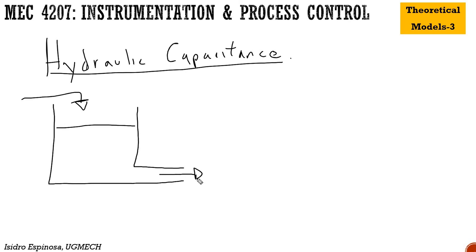Here, if we can rescue some of the variables very quickly, we have the height. Also we have, in this case, the cross-sectional area.